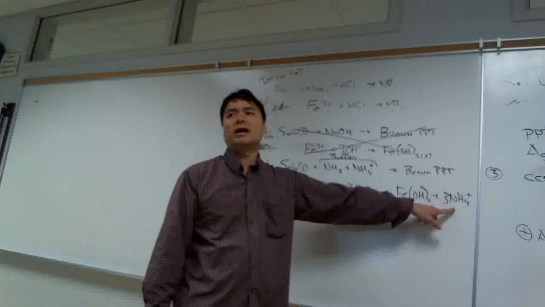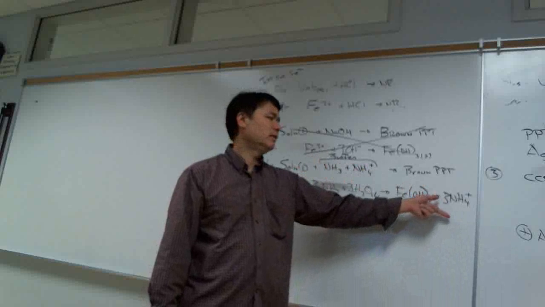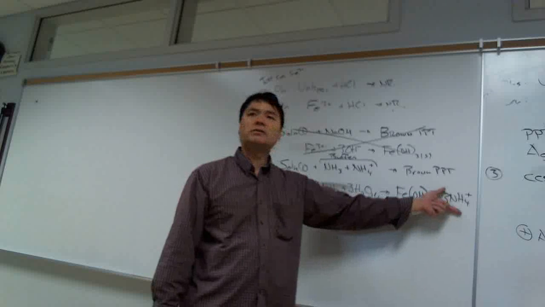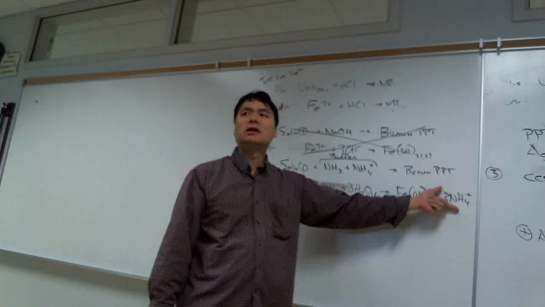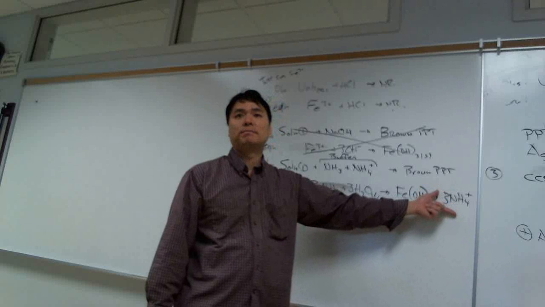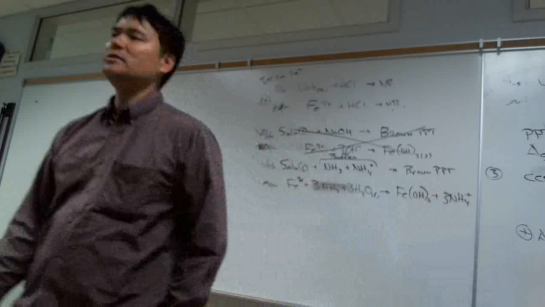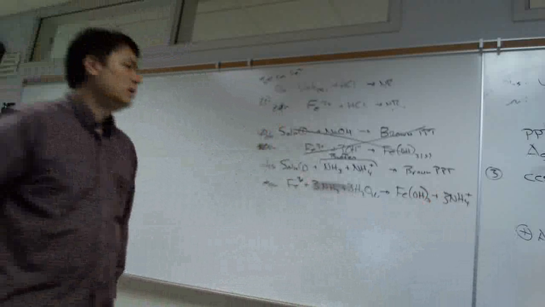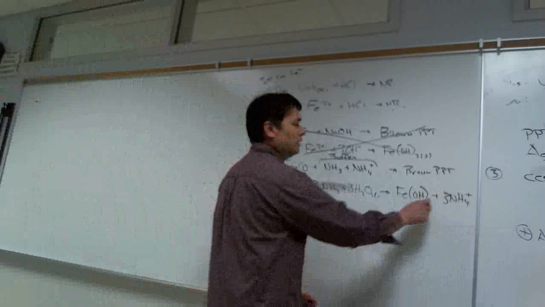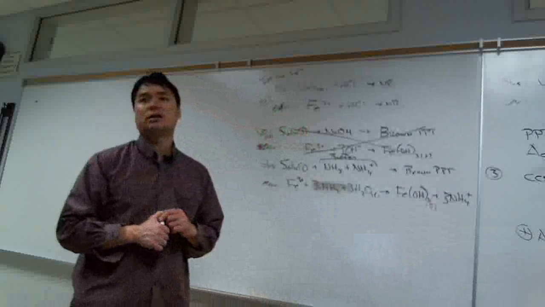The more ammonium we add, it's going to push it this way. So it doesn't make sense to add ammonium here because we're going to not get as much precipitate due to the common ion effect, right? So we're going to end up sacrificing a little bit of iron 3 hydroxide in order to prevent the precipitation of magnesium hydroxide.